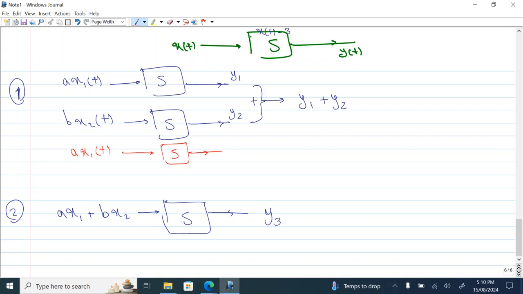What comes up? a x1(t) minus 3. That's correct. Remember, all this system does is subtract 3 from your input. So I'm sending a x1(t) to the system, all it does is subtract 3 and gives you the output.